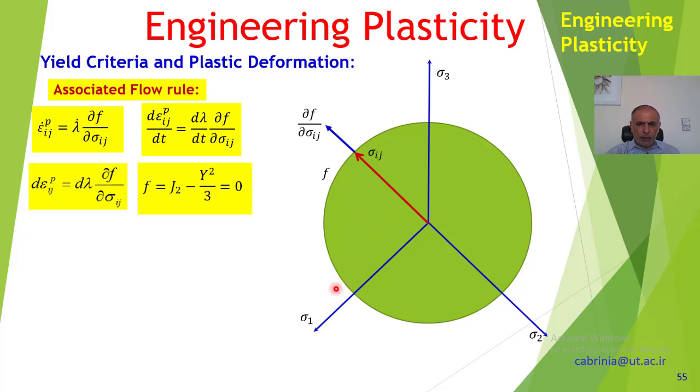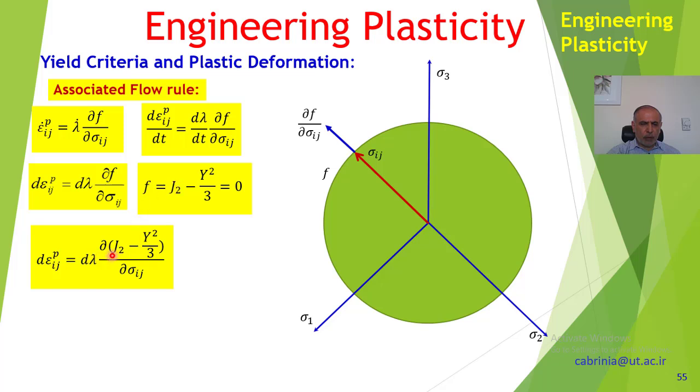Now, for the Mises criteria, we have f equal to j2 minus y2 over 3 equal to 0. That is because it's a circle, we have shown this before. And so if this is the equation of the yield surface, then in here we can show partial f to partial sigma ij, okay? Because the d epsilon ij p is equal to d lambda partial f over partial sigma ij, and this is partial f, that's f.